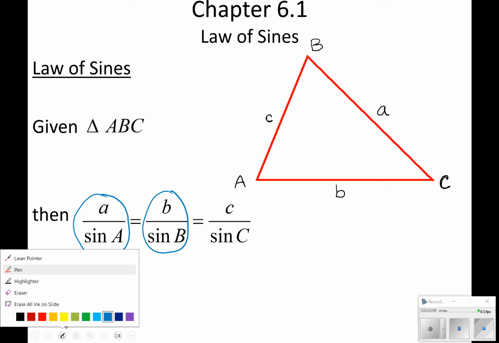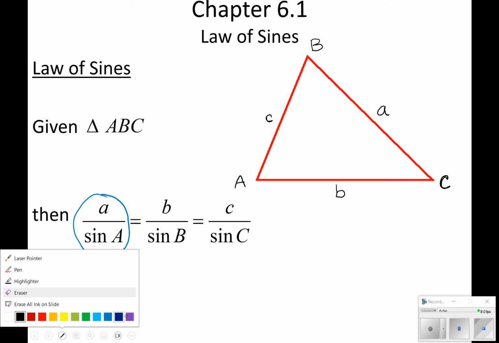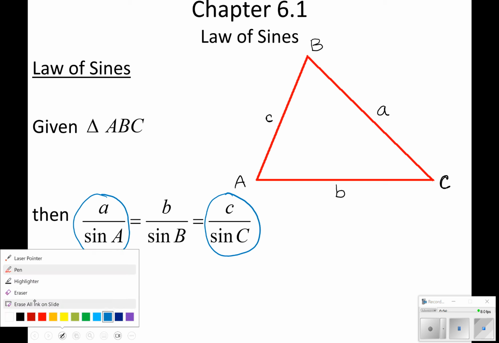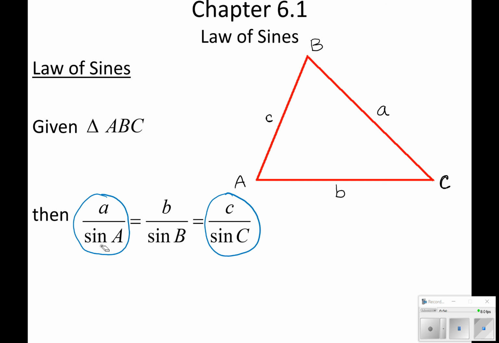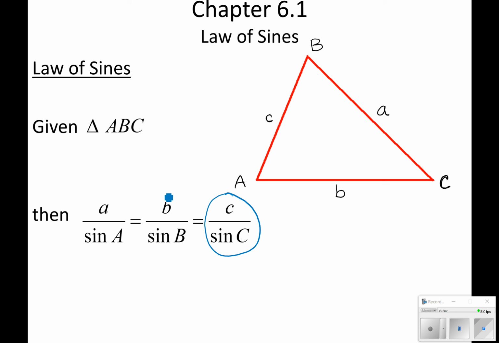Or you can say side a over sine of A is equal to side c over the sine of C. Or you can say side b over the sine of B is equal to side c over sine of C, vice versa, or in whichever order you want.